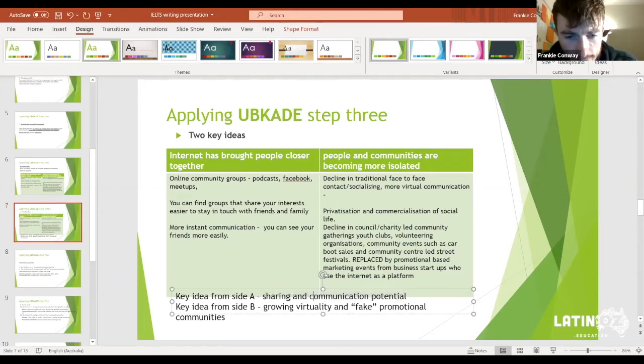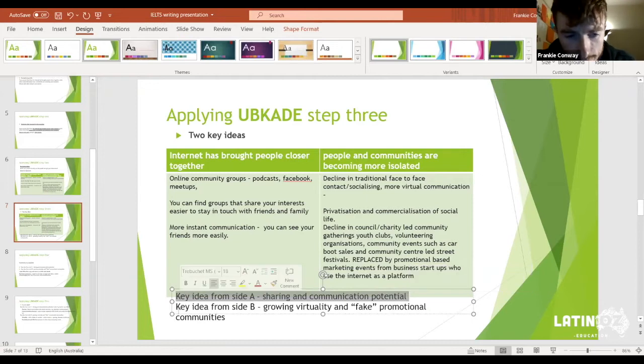So the sharing is related to the podcasts, Facebook, meetups. We can share our interests, and the communication potential is about our family and friends, and also seeing people quicker. So I've condensed all of my brainstorm, guys, into this key idea from side A.